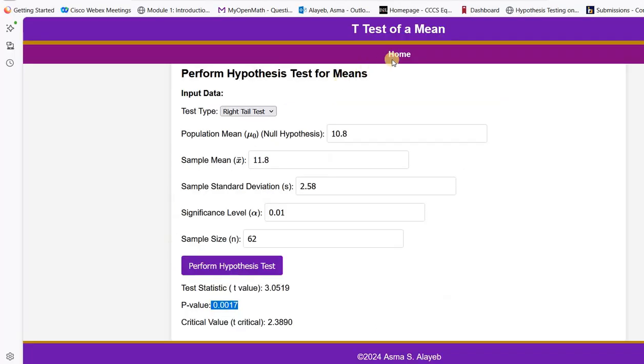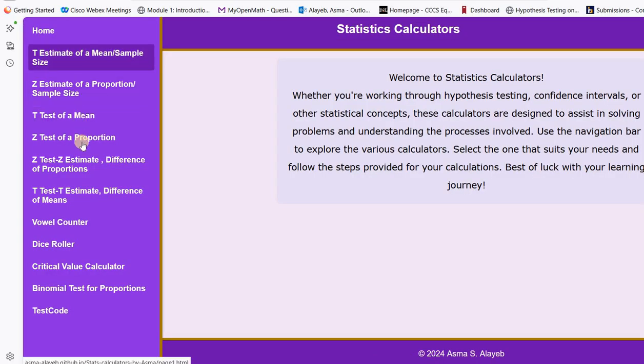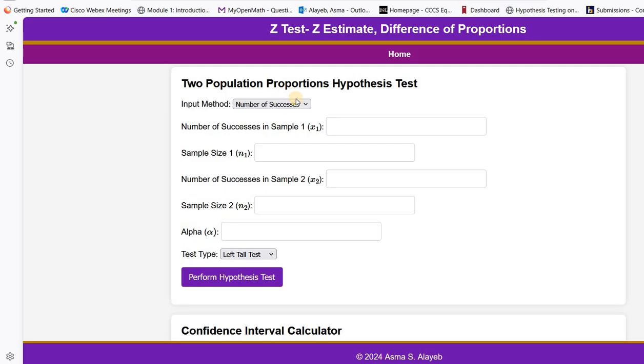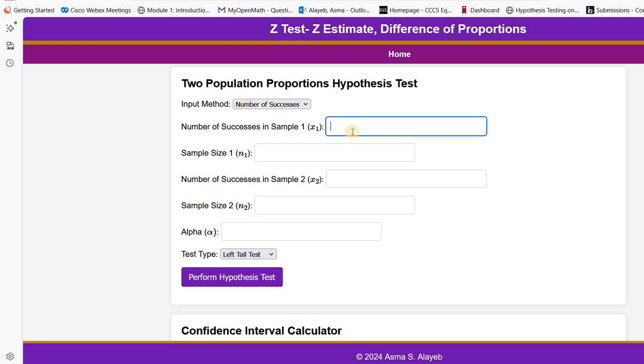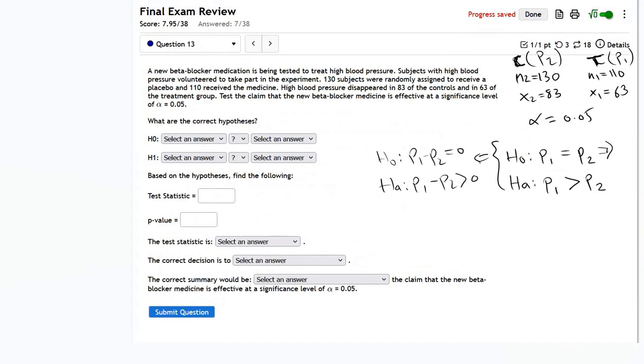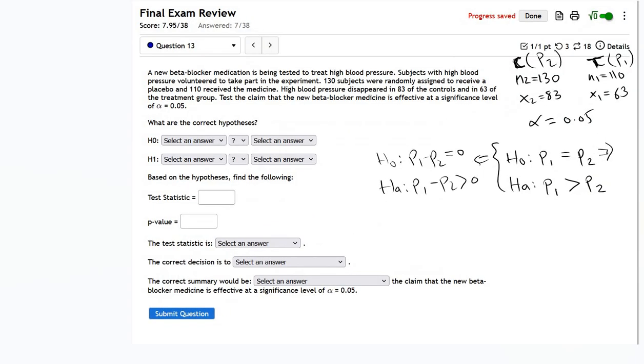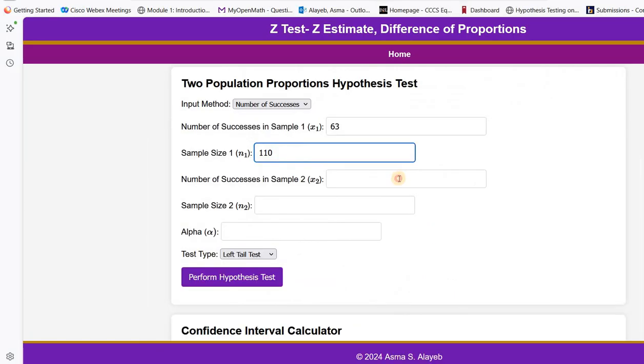I'm going to go to the calculator and then I will choose difference of proportions, or z-test or z-estimate, and I'm using the number of successes in this case because we have X1 and we have X2. So we said here that X1 is 63 and N1 is 110, X2 is 83, and N2 is 130.